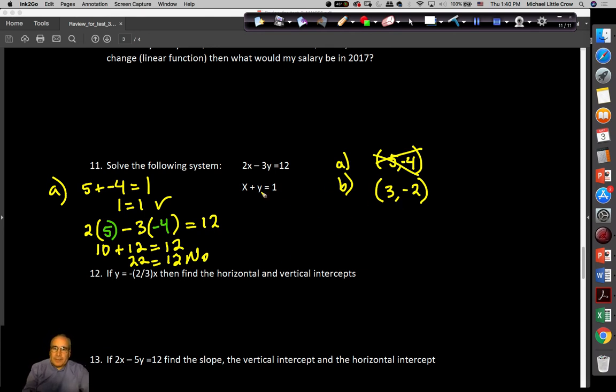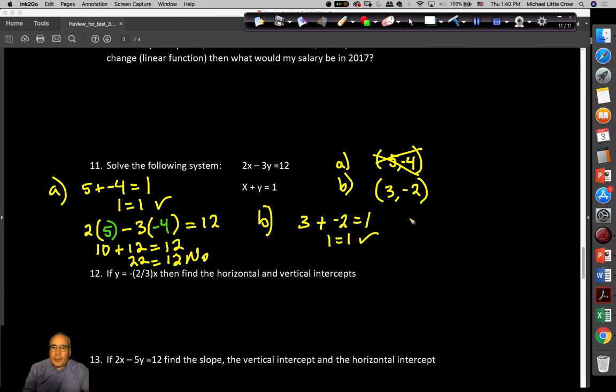Try the next one. Try out B. Put in 3 for x, negative 2 for y. Does that equal 1? 3 minus 2 equals 1. Yes, 1 equals 1. That checked.